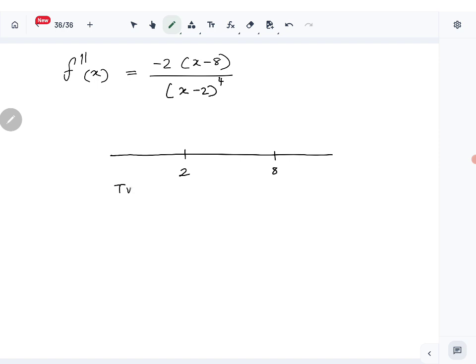So then in each interval check using test values, like we did for the first derivative. Now we are looking for the second derivative sign, because the second derivative sign determines concavity. If it is positive, concave up. If it is negative, concave down. So first interval, let's use 0. What happens?